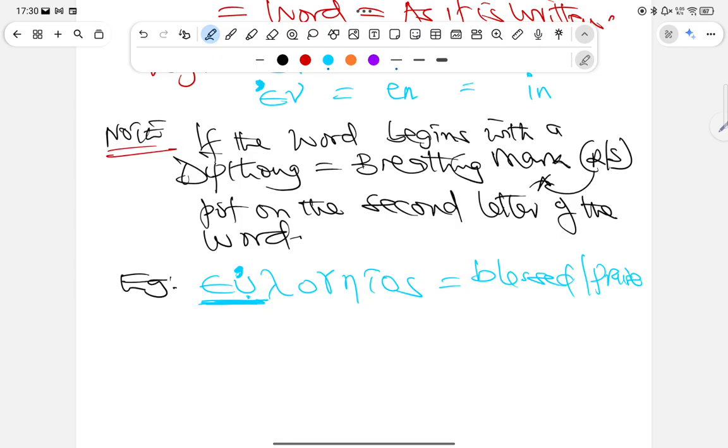Now the only difference, however, is that this rule applies except in one case.